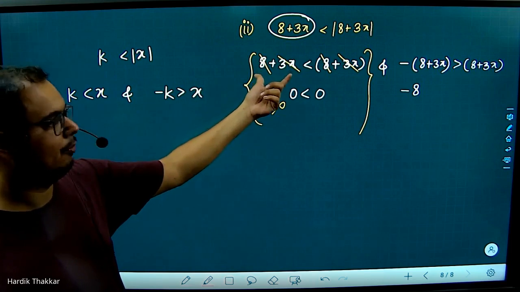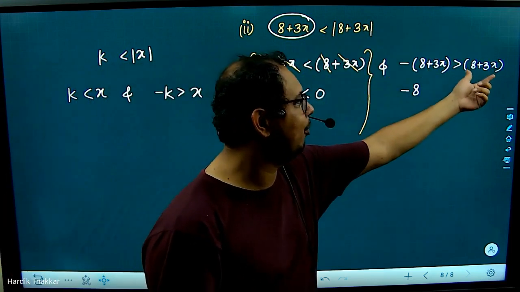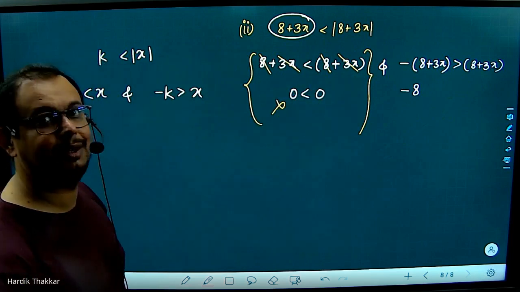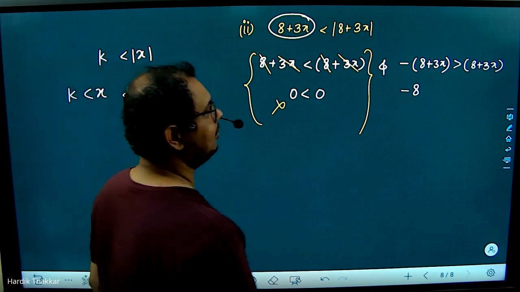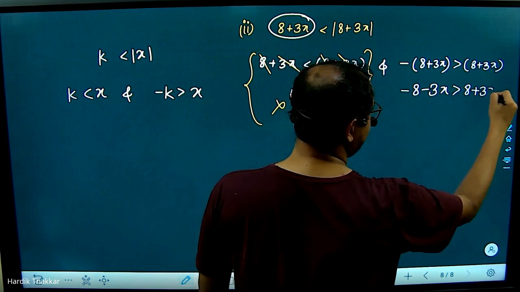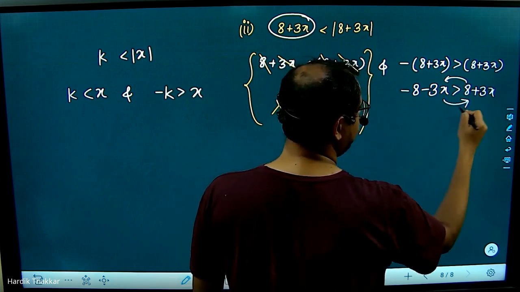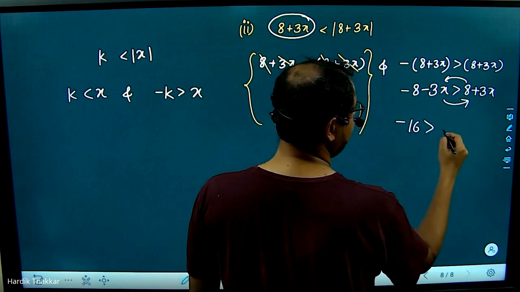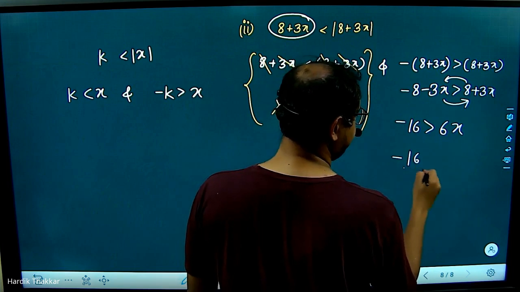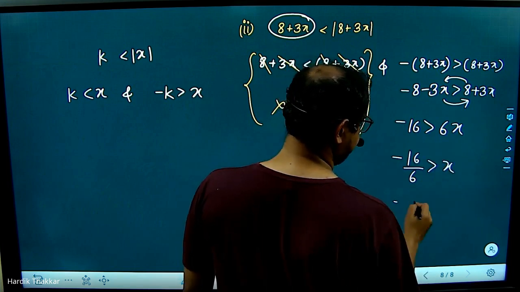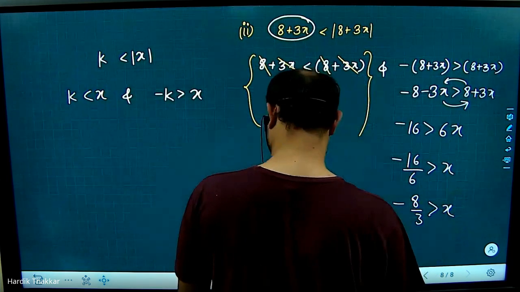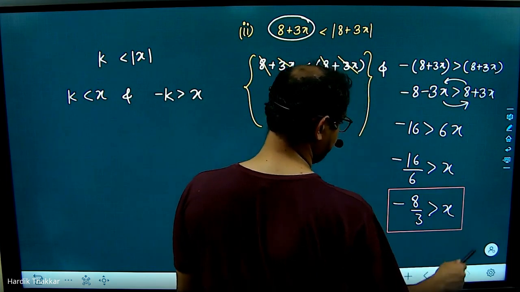Whereas in the second part, again we have removed this mod and changed the inequality, and instead of minus k, we have written minus (8 plus 3x). So you will get a solution like this.